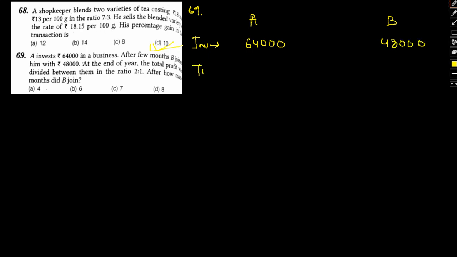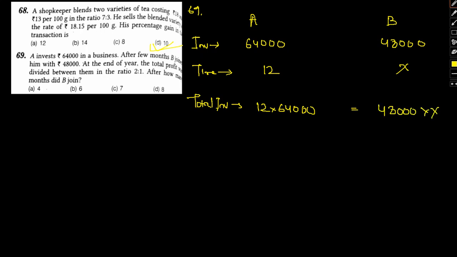Time of A is 12 months and time for B is say X. So total investment will be 12 into 64000, and this will be 48000 into X. And these are in the ratio 2:1 because profit is divided in the ratio of the total investment.